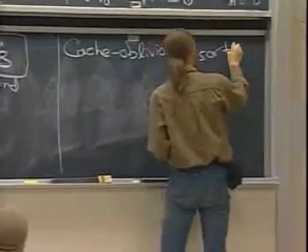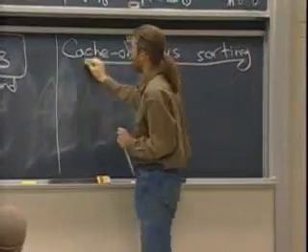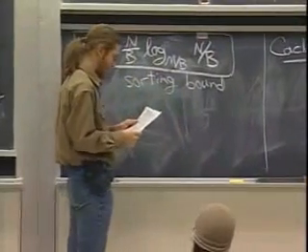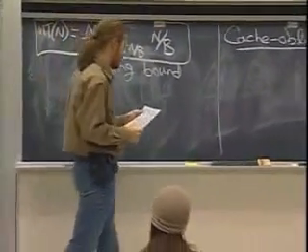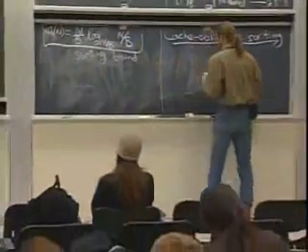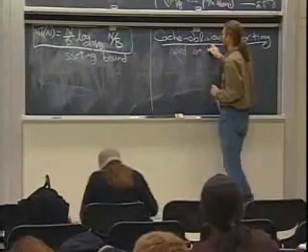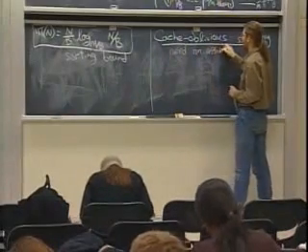Cache oblivious sorting. So we want to get the sorting bound. It turns out, to do cache oblivious sorting, you need an assumption about the cache size.